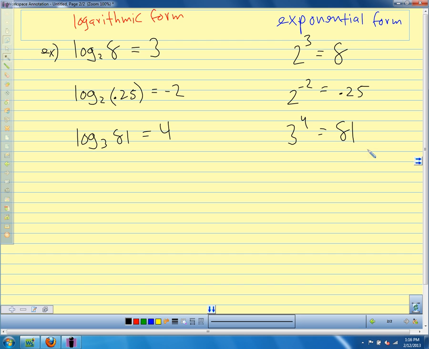Let's look at a couple more. What if I just wanted to evaluate?